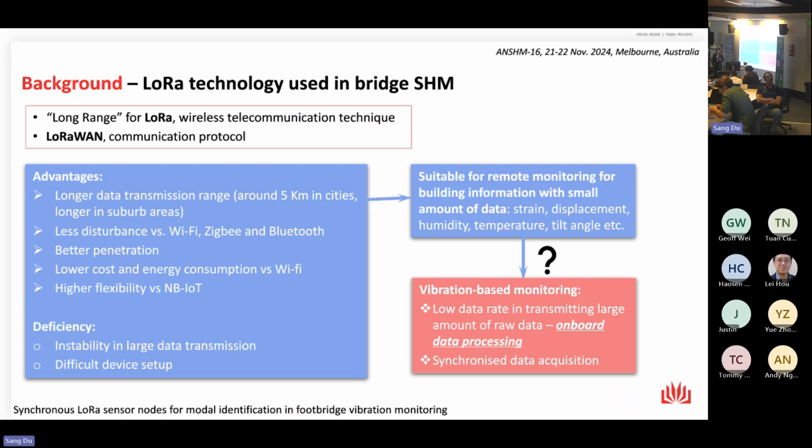It has not really been used in vibration-based monitoring because the raw data cannot be transmitted in real time by LoRa. So we decided to address this problem by using onboard data processing, and synchronized data acquisition is also another question to solve.